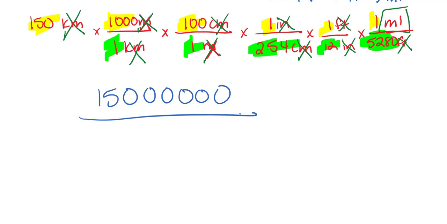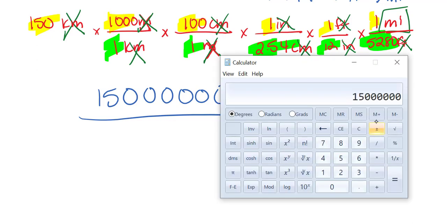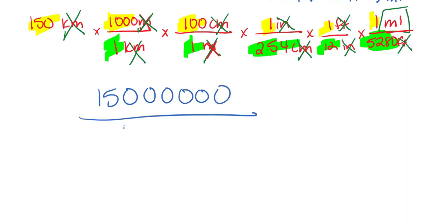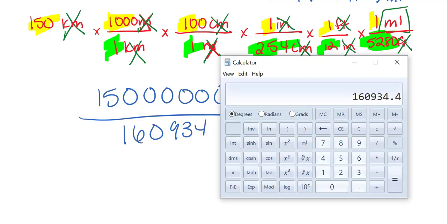And then let's calculate what's on the bottom. We have 1 times 1, so that's just 1 times 2.54, and that's just 2.54 times 12 times 5,280, and we also get a very large number.